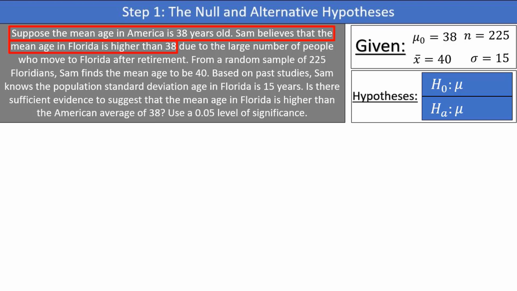Higher suggests greater than, meaning our alternative hypothesis should be mu is greater than 38, the average age of Americans. The null hypothesis will always contain an equal to sign, so we have mu is equal to 38 in our null hypothesis. We know we have a right tail test, as the alternative hypothesis has a greater than sign.